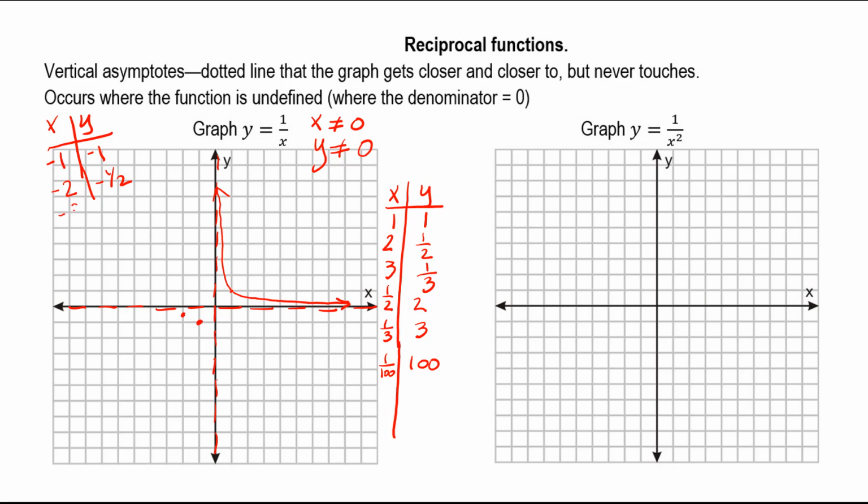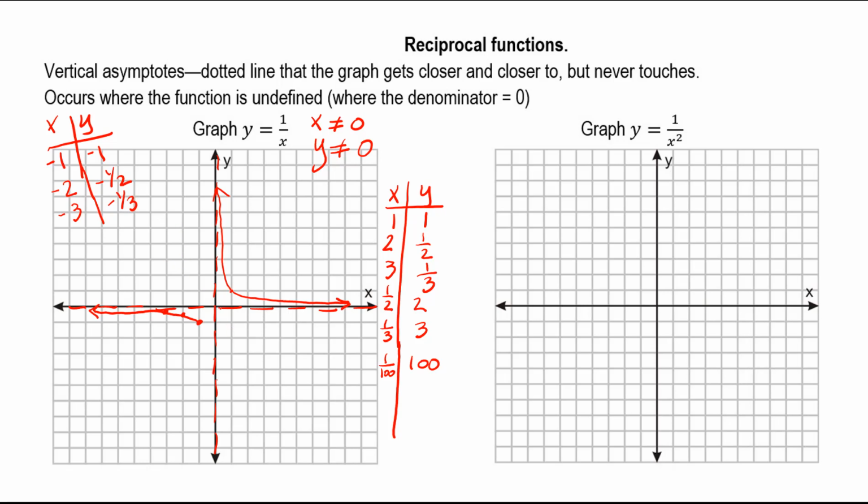When x is negative 3, y is negative 1/3. So as you see, again, it's kind of like what's happening in that first quadrant. Now, as x gets smaller and smaller, becoming more and more negative, we're getting closer and closer to the x-axis. We're getting these tiny negative fractions. They get closer and closer to 0, but never actually touch that axis.